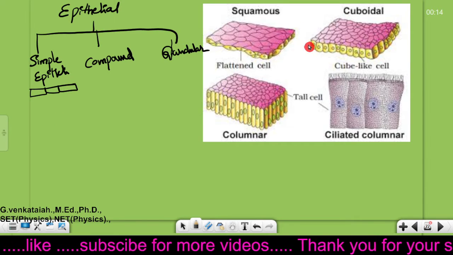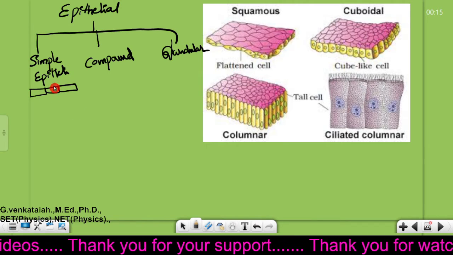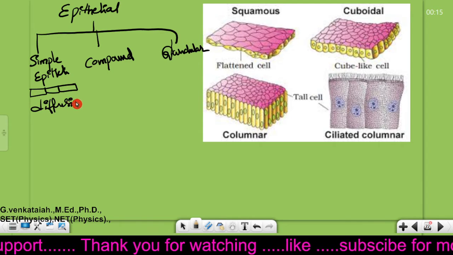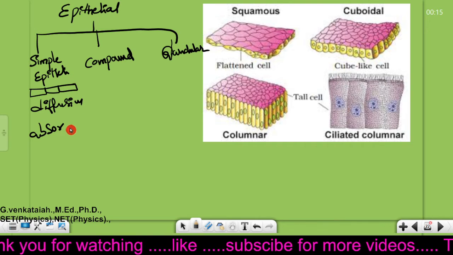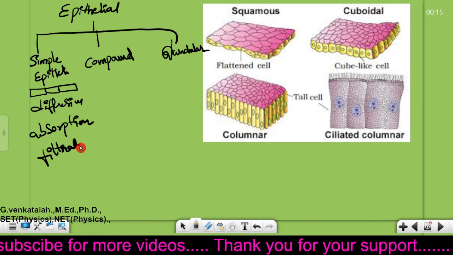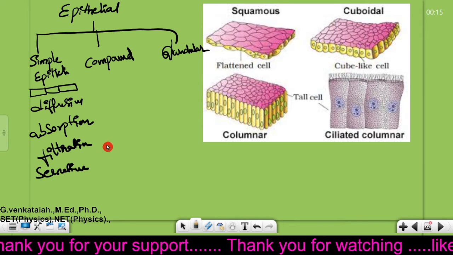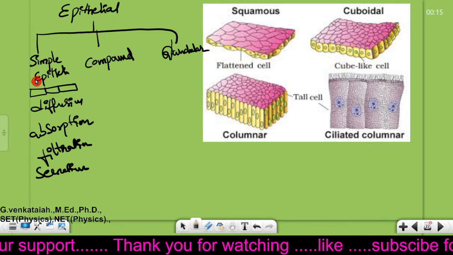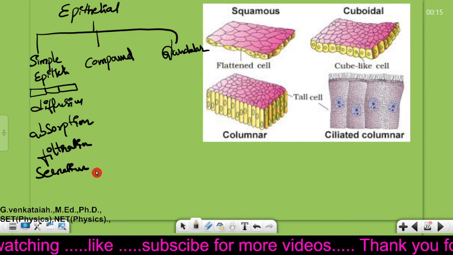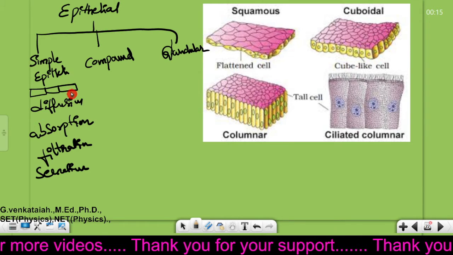Mainly this epithelial tissue works in diffusion, absorption, filtration, and secretion. These processes are carried out in simple epithelial tissue.